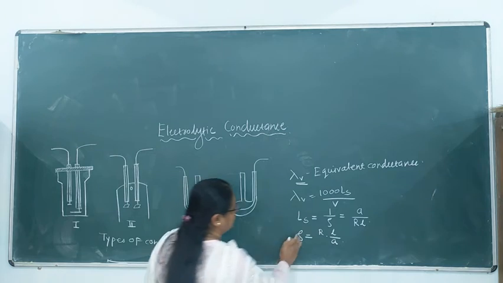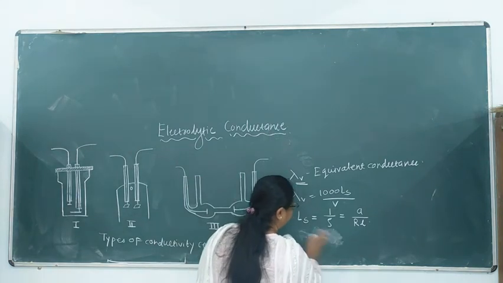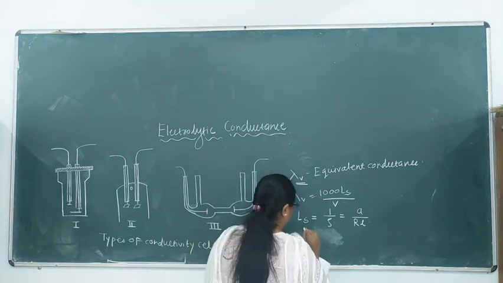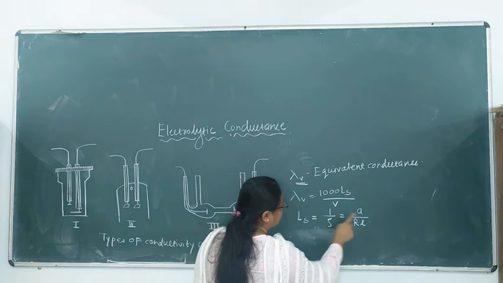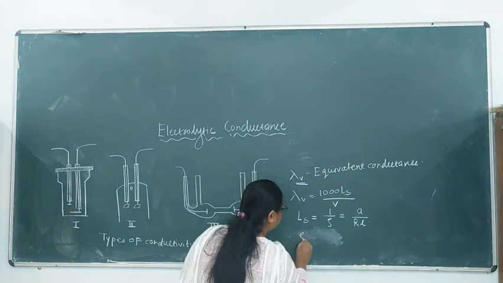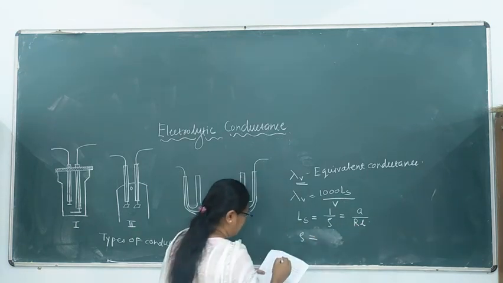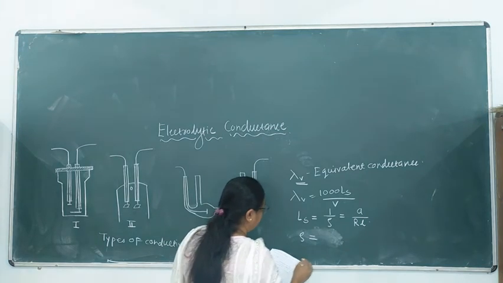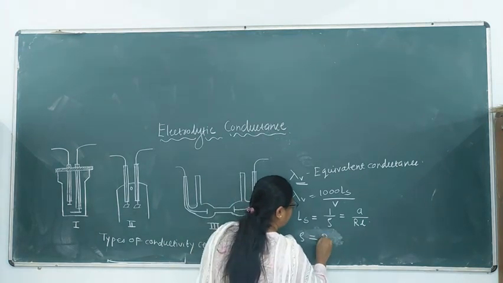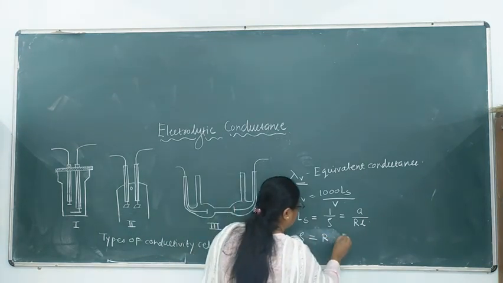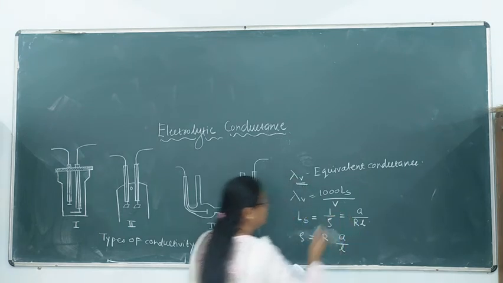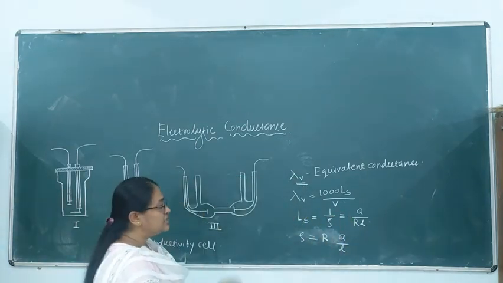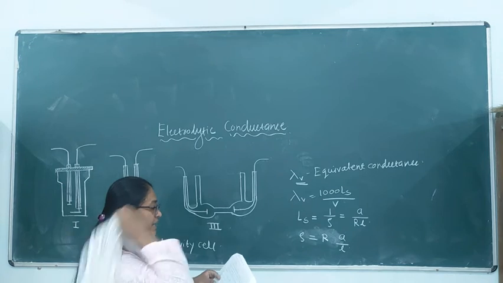Actually, wait a minute. Ls is equal to 1 upon rho, which is equal to A divided by rho, and rho is obviously R into A divided by L. So this is how these conductances are.